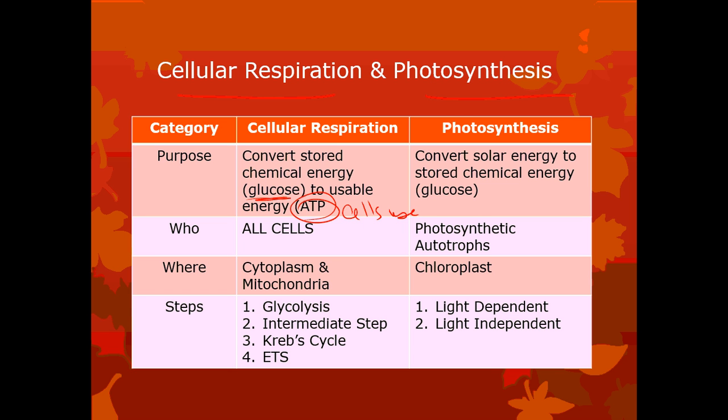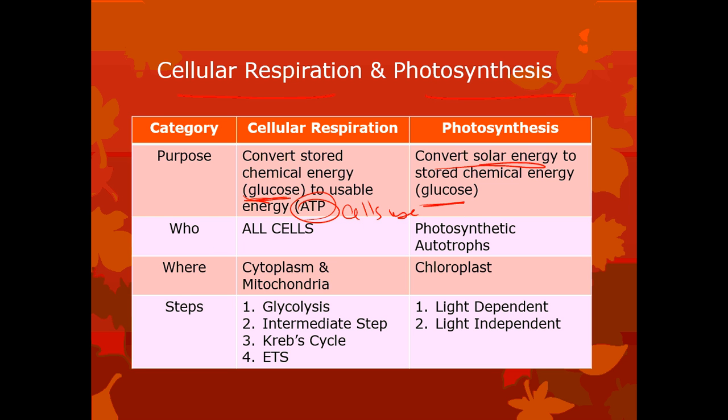You can't plug in your hairdryer to a lump of coal. It actually has to be converted in a power plant, and that's the idea of cellular respiration: it's converting what you eat into ATP or usable energy. Or for a plant, it's going to convert what it makes because they don't eat glucose, they make it. Photosynthesis is going to convert solar energy to glucose.